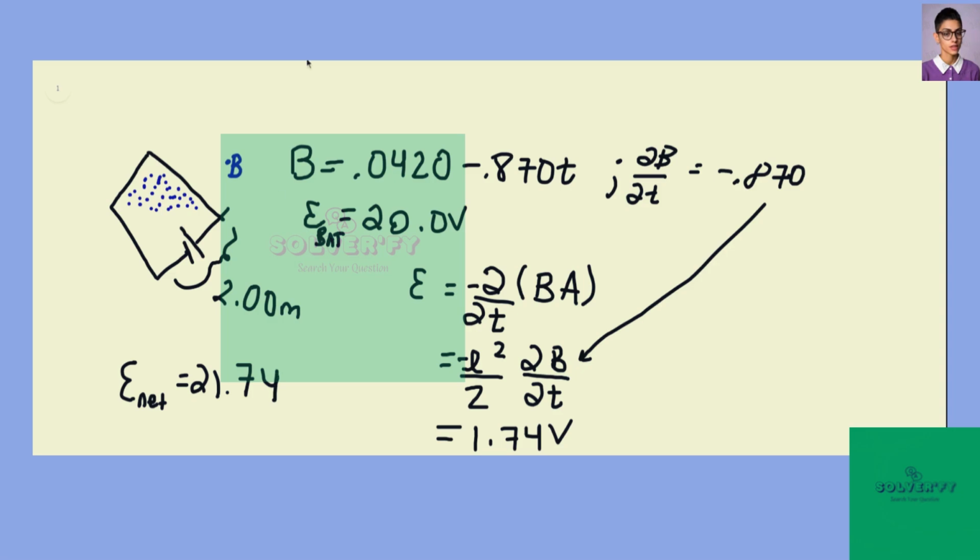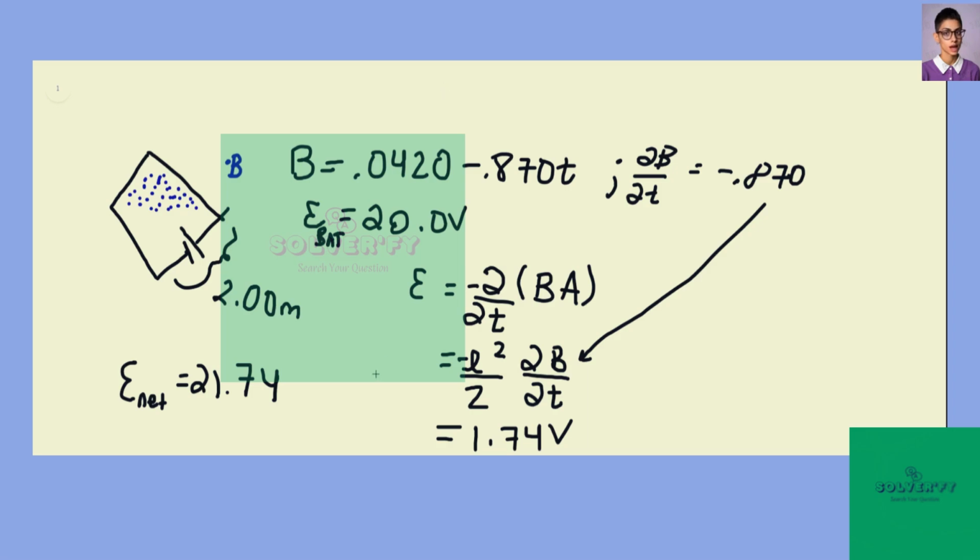And so the B is going down, so we need this loop to try to make a B that goes up, or out of the page, excuse me. And to do that, we would drive a current that's counterclockwise. And for a current to go counterclockwise, that corresponds to an EMF that's along the same direction as the battery, because the battery also would drive a counterclockwise current.